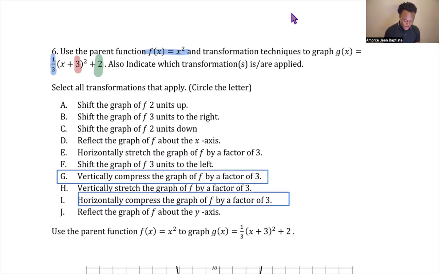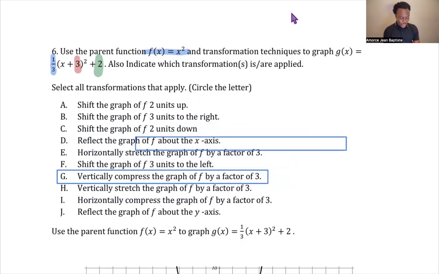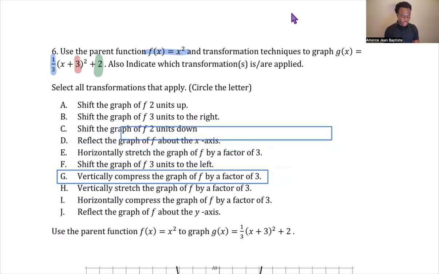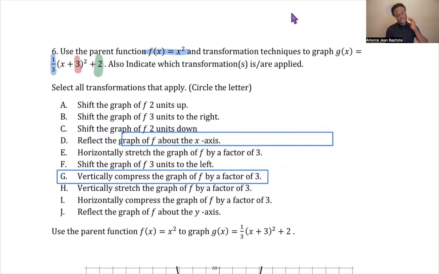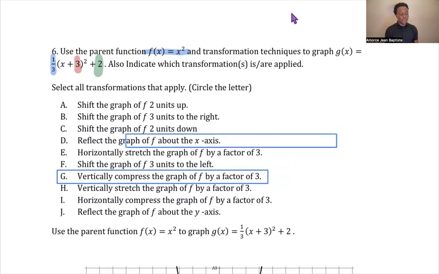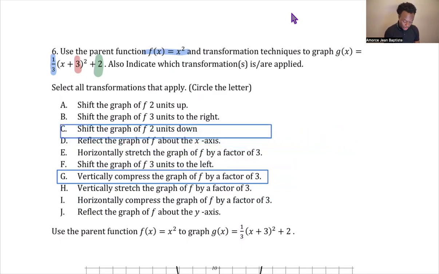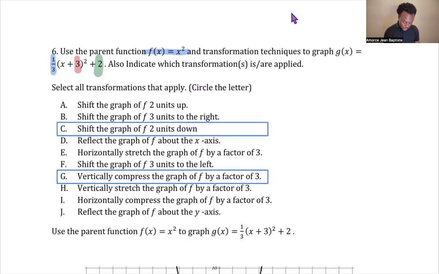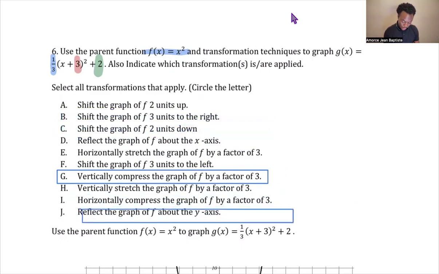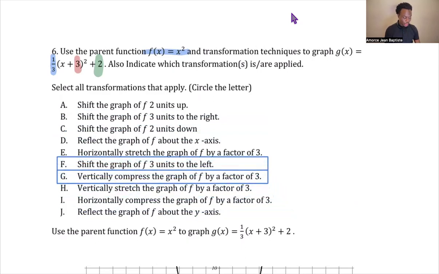Next, this is H, the red, meaning that it's a shift left of 3 units.